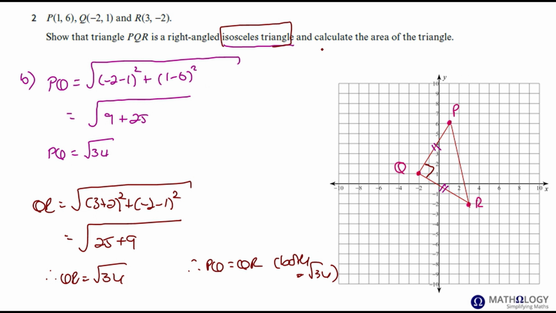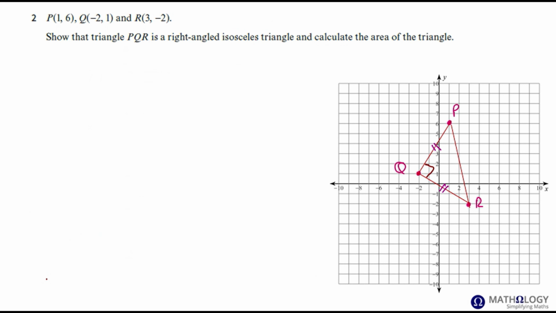And for part A, we now need to calculate the area of the triangle. The area of triangle PQR in a right angle triangle is given by a half base times height. So the base and the height are interchangeable. It doesn't matter which one you call which. The fact is the base and the height are perpendicular to each other.